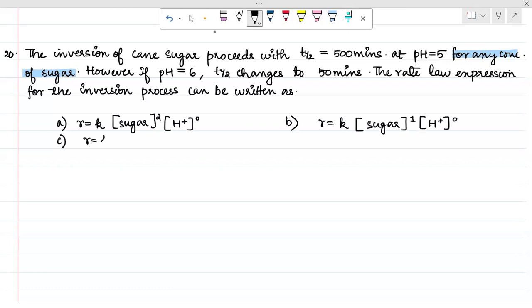C, rate is equal to rate constant into concentration of sugar to the power 1, H plus to the power 1. D, rate is equal to rate constant into concentration of sugar to the power 0, H plus to the power 1. Okay, think on this.